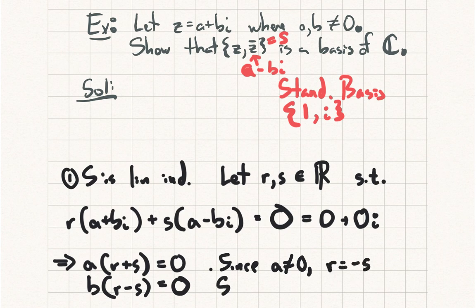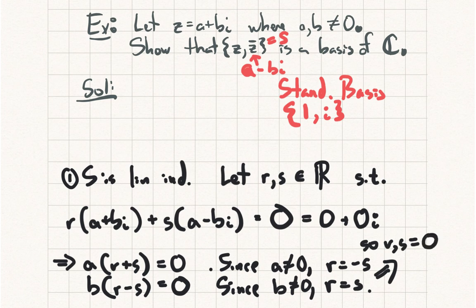And similarly, since b isn't 0, r minus s has to be 0, so r has to equal s. And the only number where r equals s and r equals minus s is 0. So r and s both equal 0. So we proved that S is linearly independent. That is great.